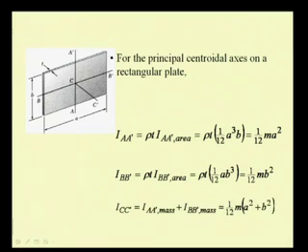And for this axis perpendicular to the plane of this rectangular plate, that is C prime, we have this being the polar axis. We can sum the moments with respect to A and B. So, we have the summation of these two leading to 1 by 12 m times A square plus B square.